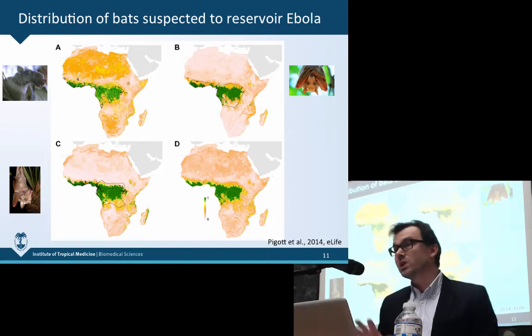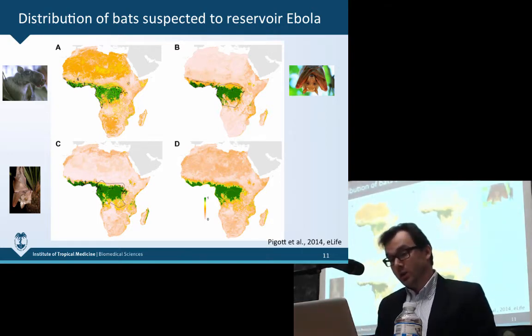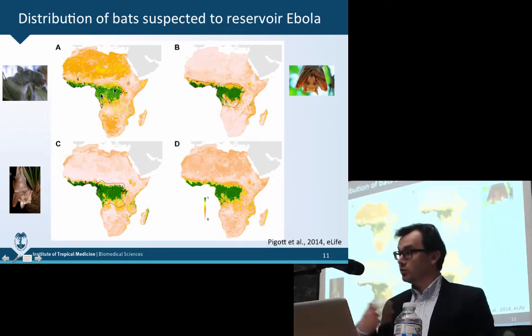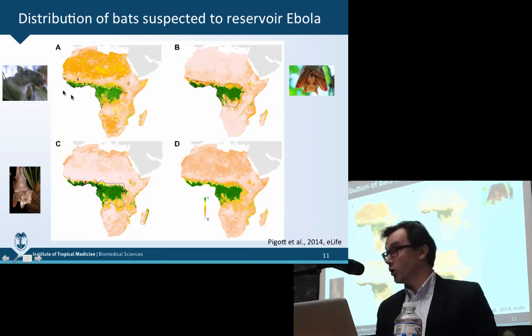So is this outbreak in West Africa really unexpected? If we look at the distribution of these different bat species, the 3 bat species that are known to carry the virus, or at least the RNA of these viruses, they're supposed to be the reservoirs.